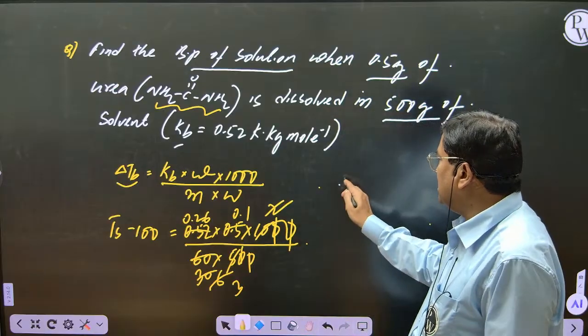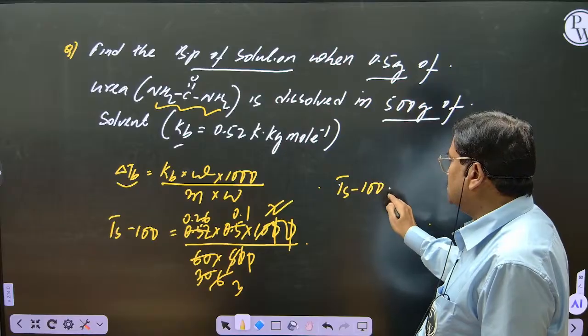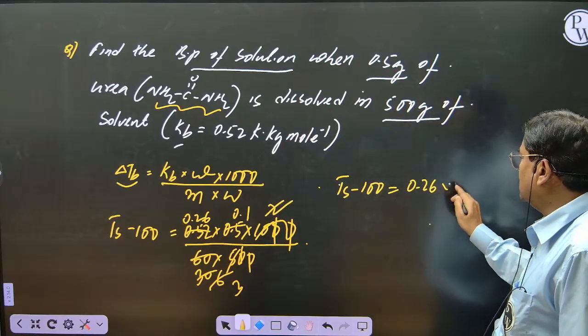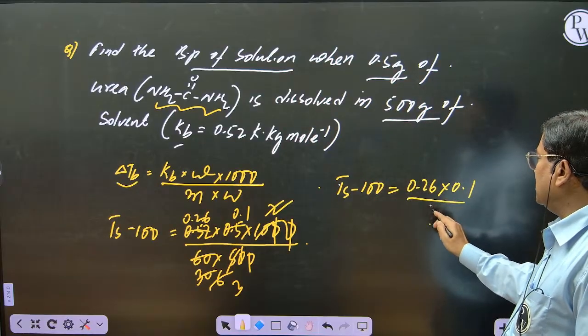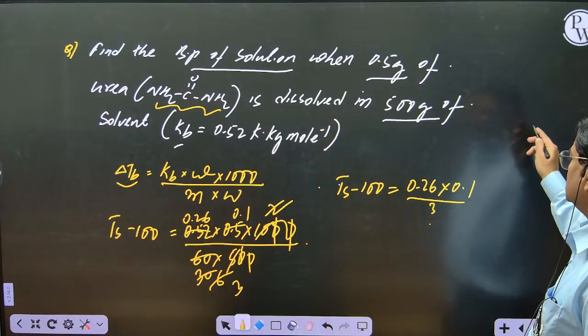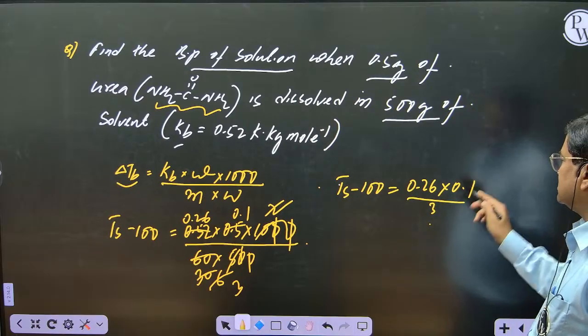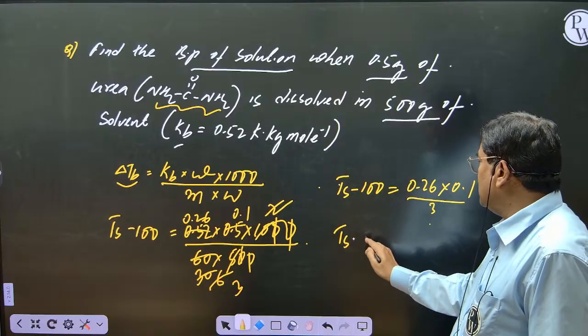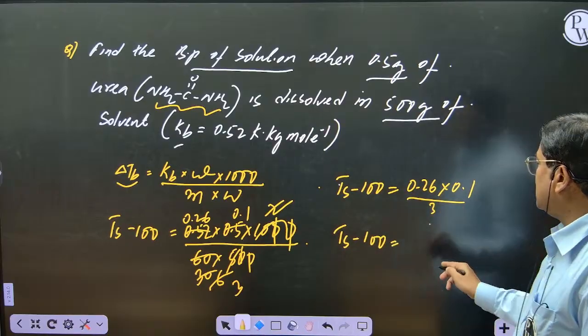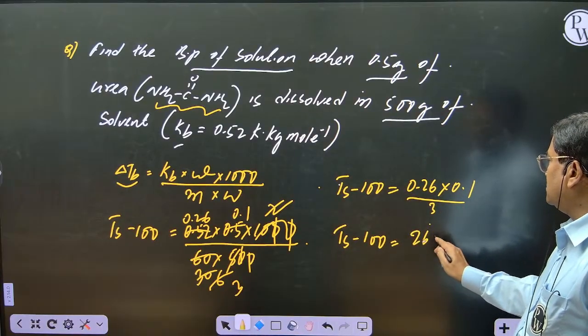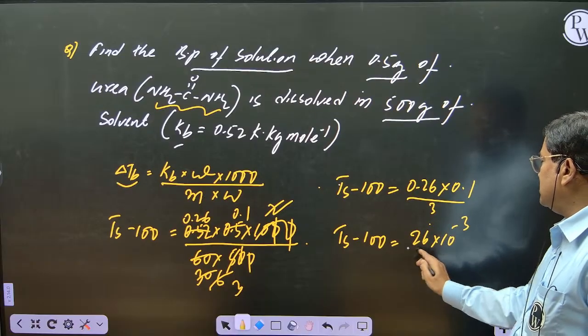Ts minus 100 is equal to 0.26 into 0.1 upon 3. Correct? So how much does this come to? 26. That is, Ts minus 100 is equal to, can I write this as 26 into 10 power minus 3 by 3, students?